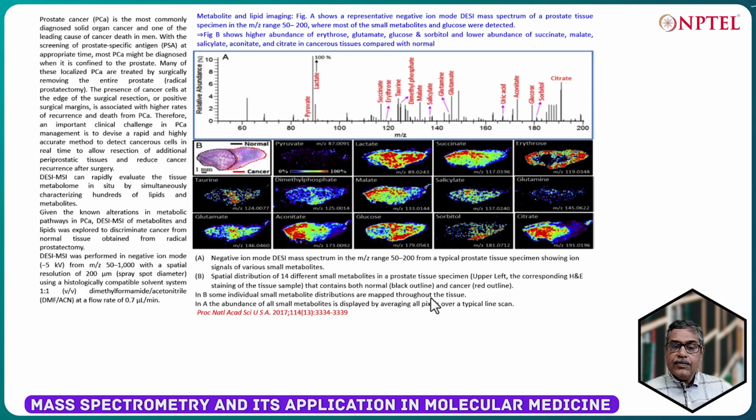The upper left corner corresponds to H&E staining of the tissue sample, which contains both normal tissue, the black outline, and the cancerous zone, corresponding to the red outline.